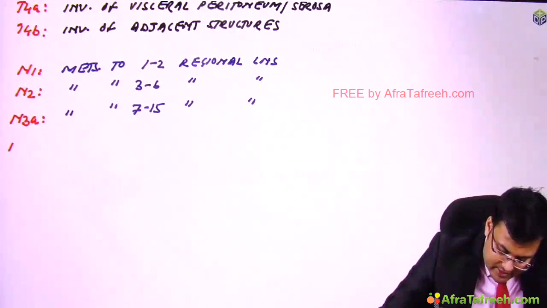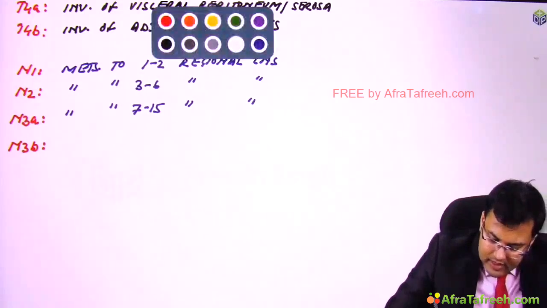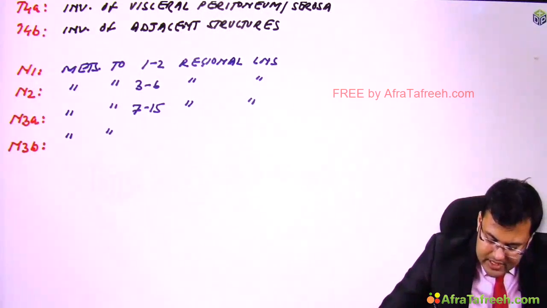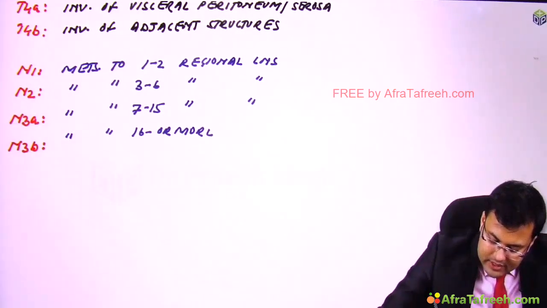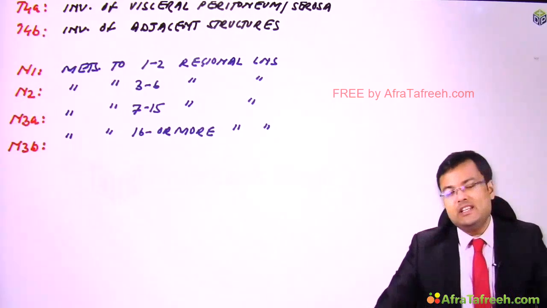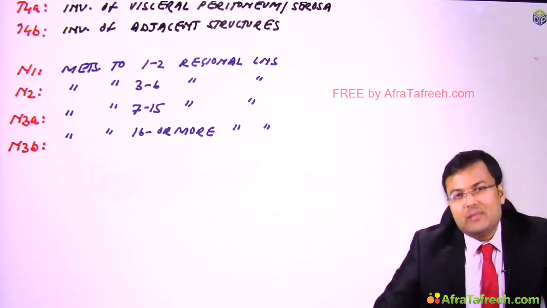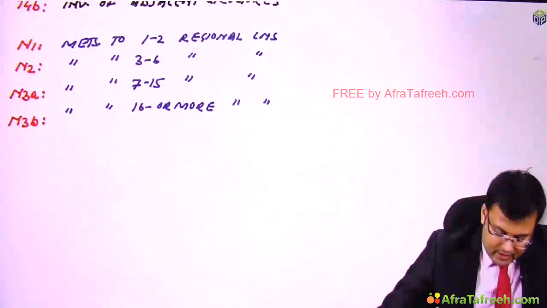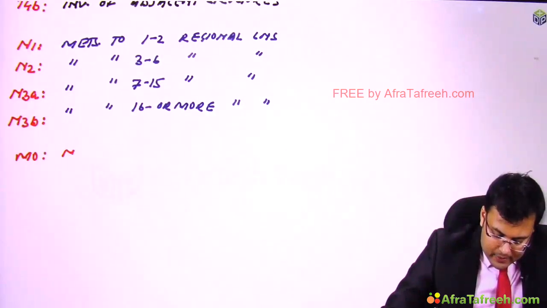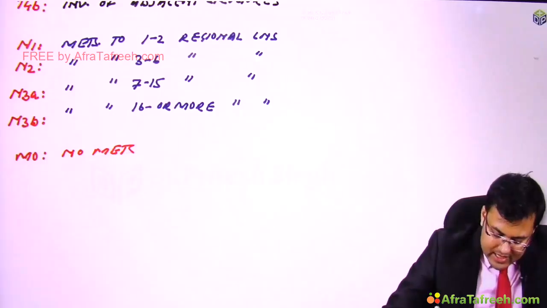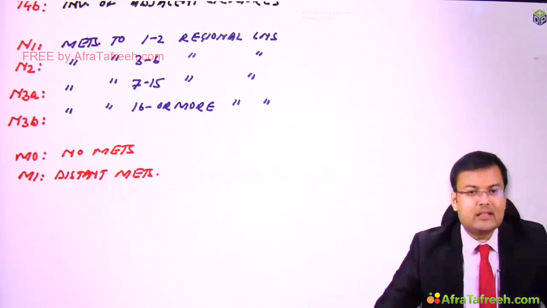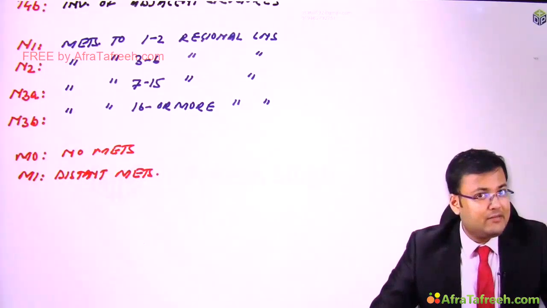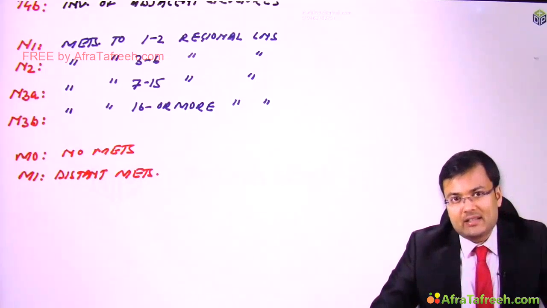And what's N3b? In N3b, there is metastasis to 16 or more regional lymph nodes. Easiest is distant metastasis. So M0, no metastasis, and M1, there is distant metastasis. So this is TNM classification. It's important and it's frequently asked in exam.